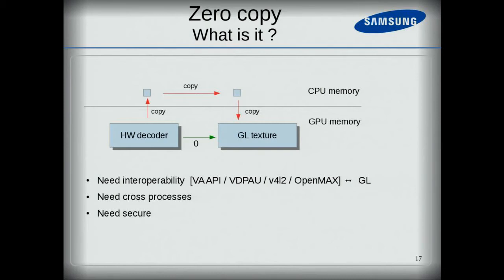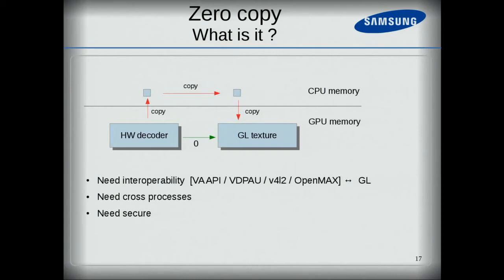As we have a media process, we want to do the hardware decoding in this process and the rendering in the GPU process. So the final GL texture is in the GPU process. You want the handle of the decoded frame to cross the process.